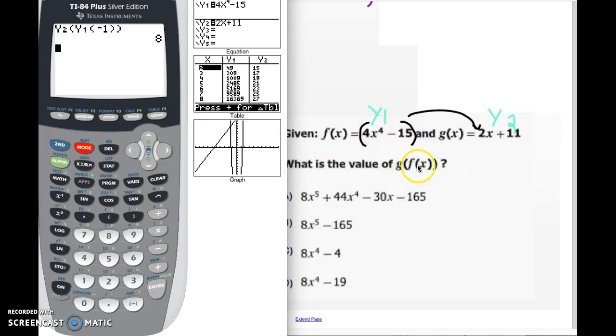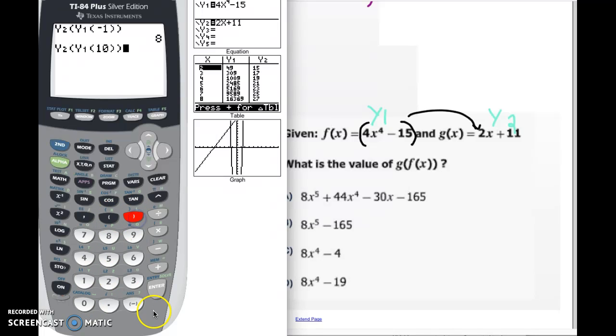So if I go back to my calculator, let's see what happens if I plug in a 10. For g of f of 10, I'm going to type in vars, so I'm going to do alpha calc, and we need to do the g first, which is y2. And then we need to do our y1. And again, remember we talked about storing, how you just pick a random value?